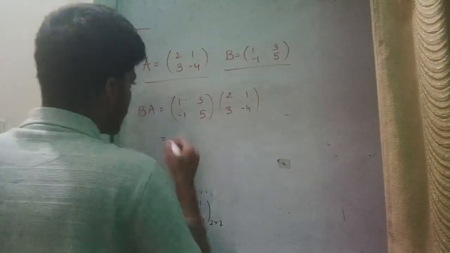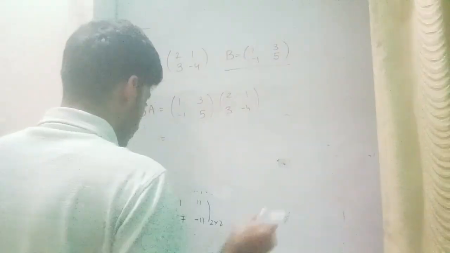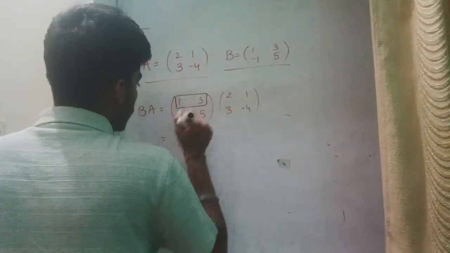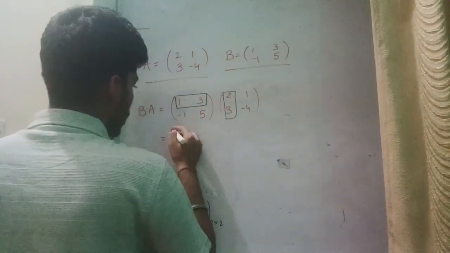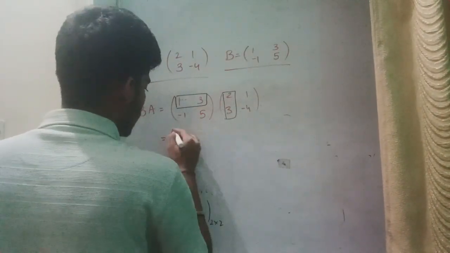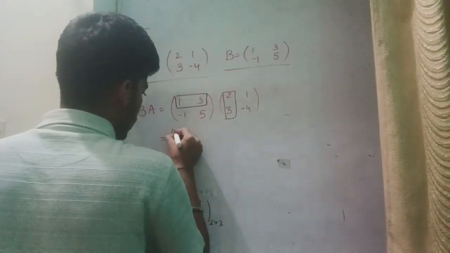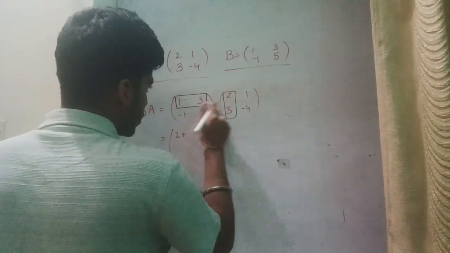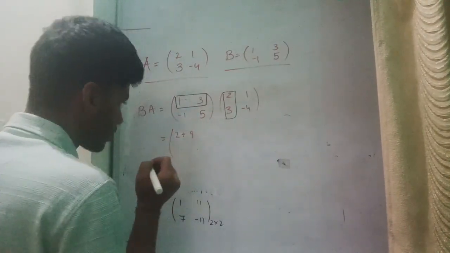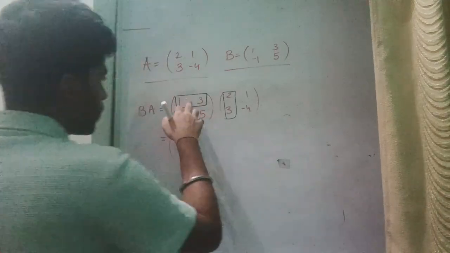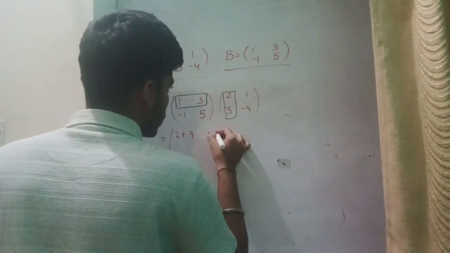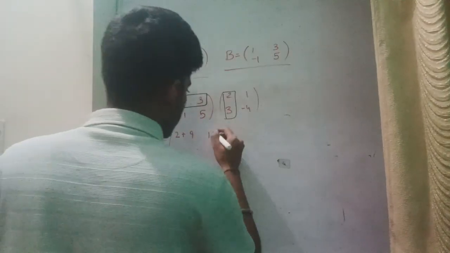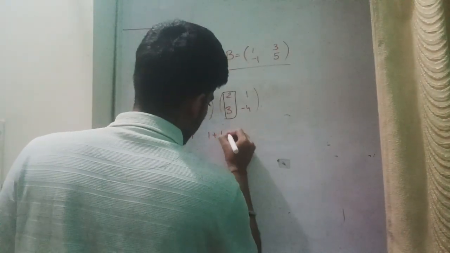So same thing again. First row, first column, and I will get 1 times 2 is 2 plus 3 times 3 is 9. Similarly, first row and second column, so 1 times 1 is 1 and 3 times minus 4 is minus 12.